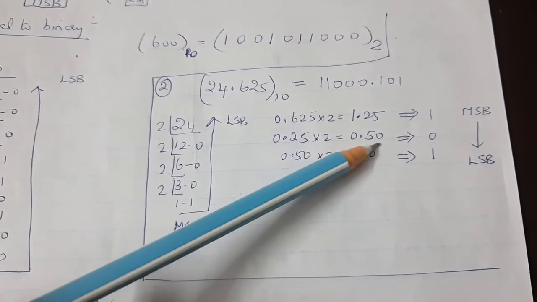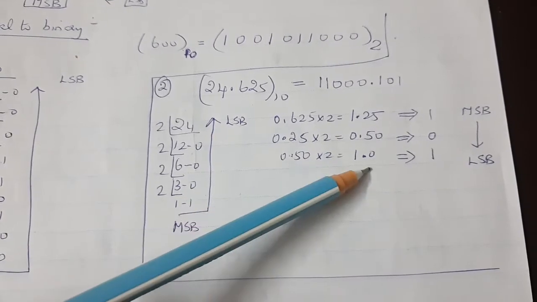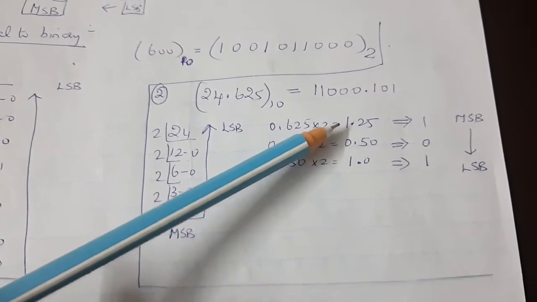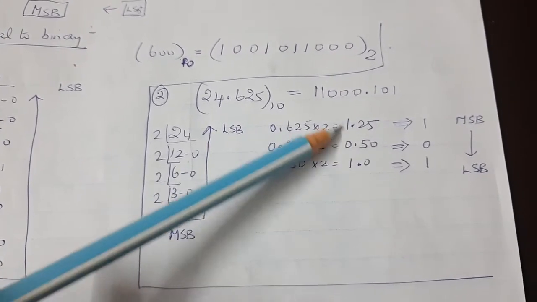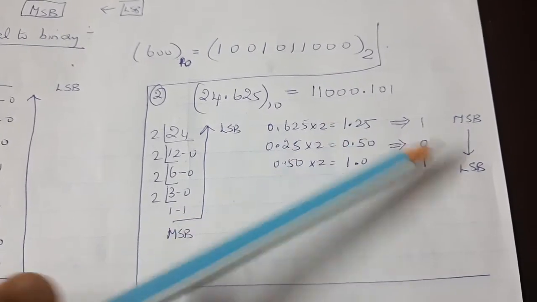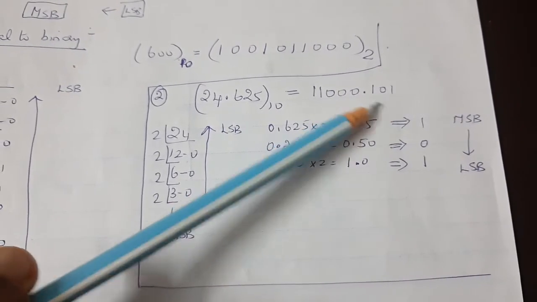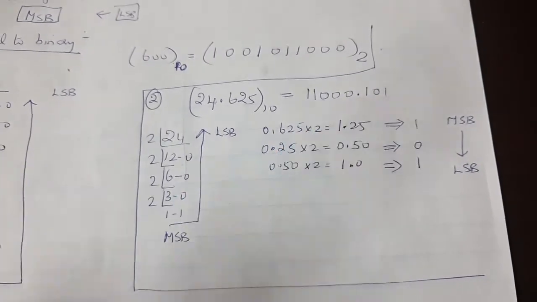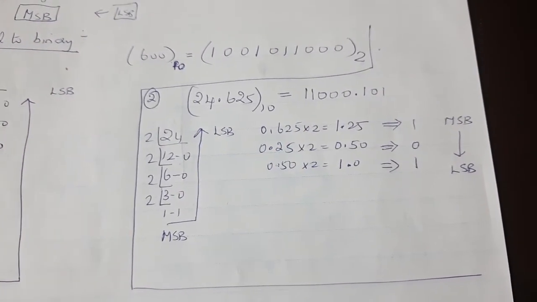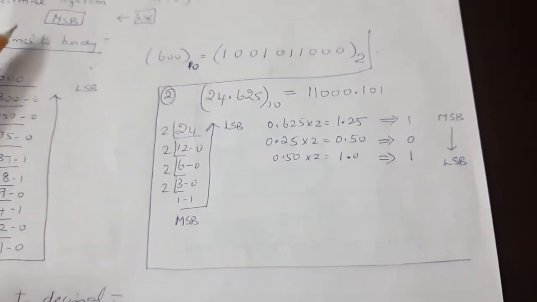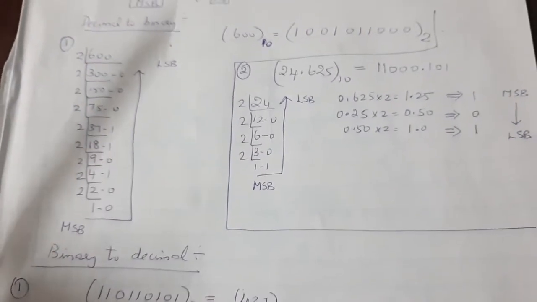Again take only the decimal part, 0.5 into 2 is 1. So you take only the integer values here: 1, 0, 1. Write down from MSB to LSB. Therefore 1 0 1. This is how the conversion happens from decimal to binary.